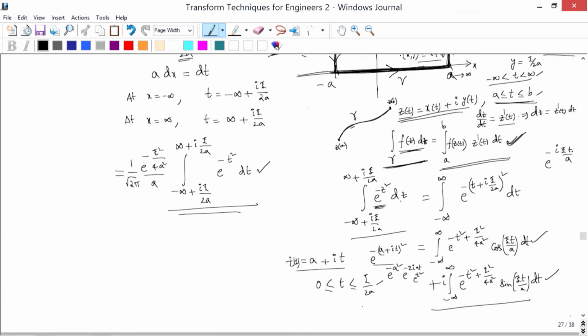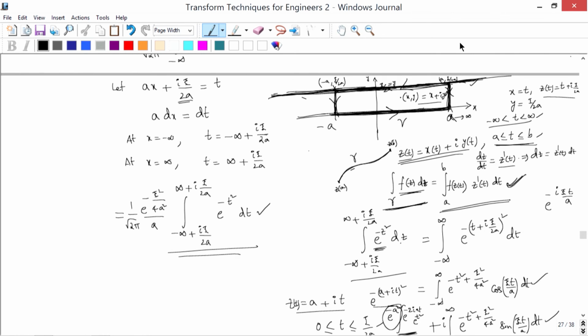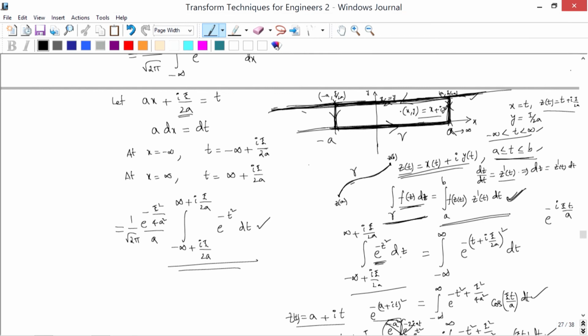So, what happens? As a goes to infinity, this is going to be 0. Whatever the integral over that small piece is, this is a finite piece, so it does not matter. The integral value is finite, and you have e power minus a square, which as a goes to infinity is going to be 0. So, like that you can show that the integral over this piece is 0.